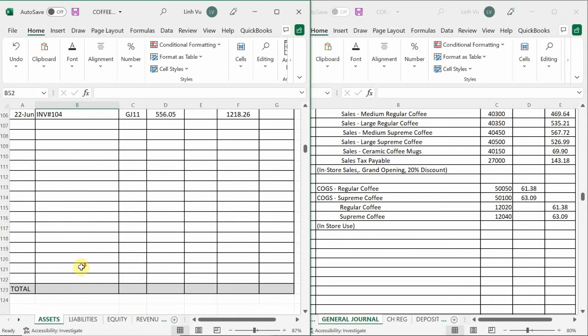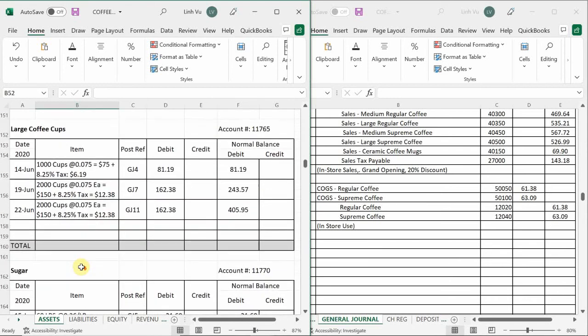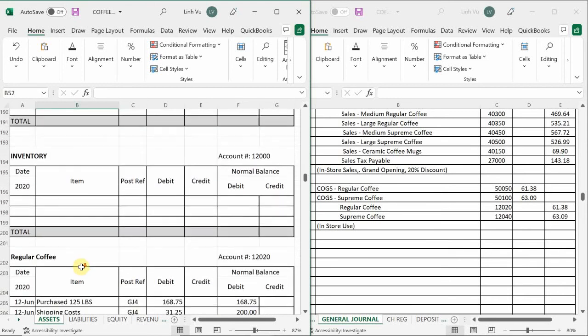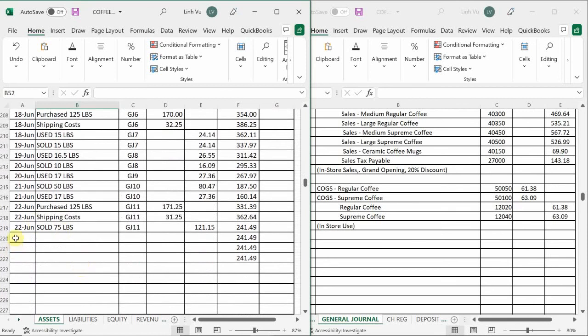Starting with my regular coffee, I used 38 pounds, which cost me $61.38.